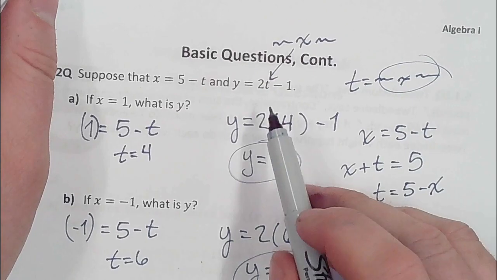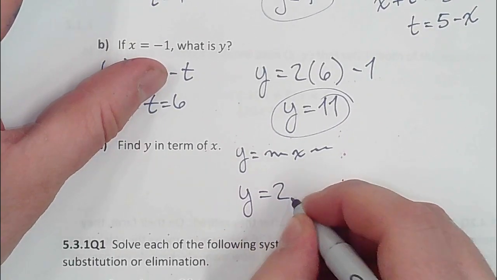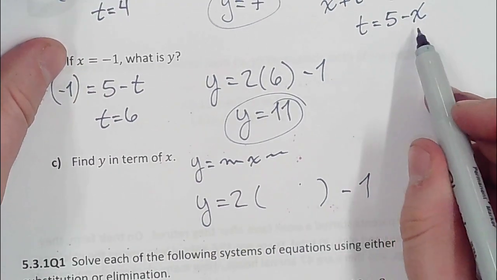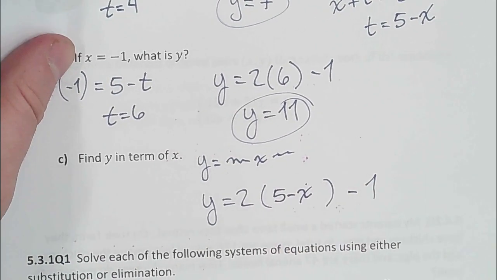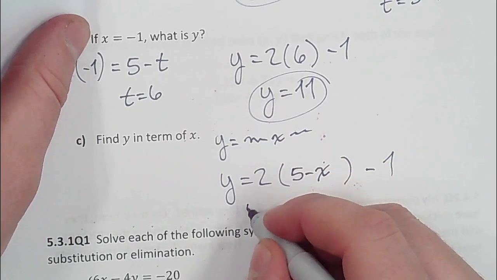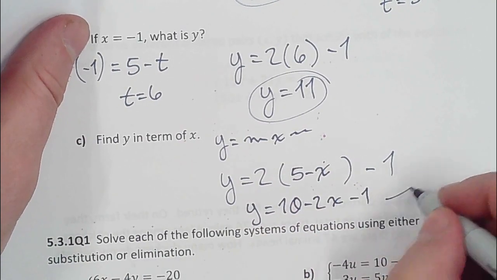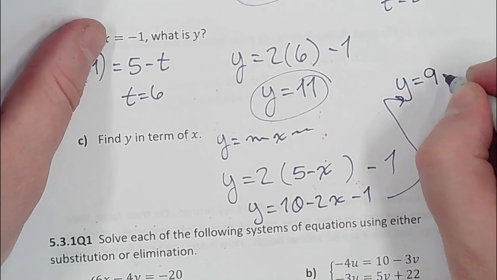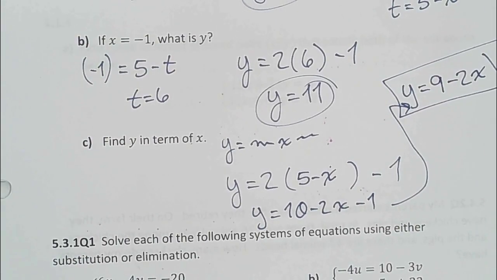So instead of thinking 2 times t minus 1, I can think of y as 2 times 5 minus x, because 5 minus x is t, minus 1. With distribution, I get y equals 10 minus 2x minus 1, which means y is going to be, when I subtract 1 from 10, 9 minus 2x. That's y in terms of x.